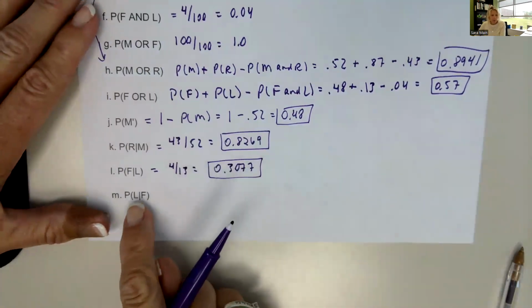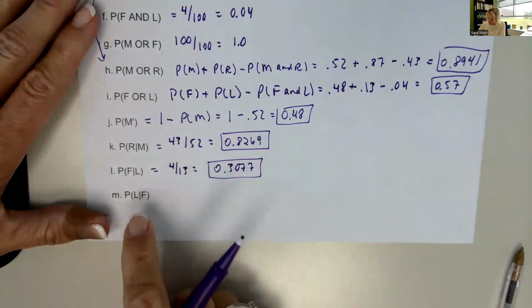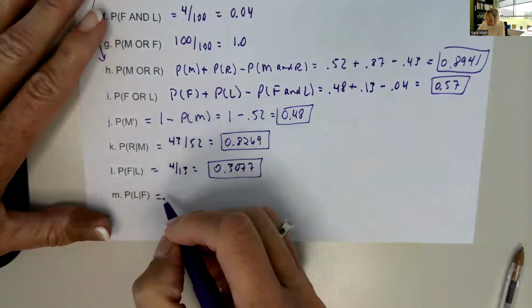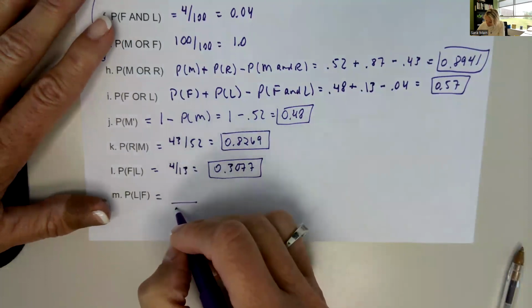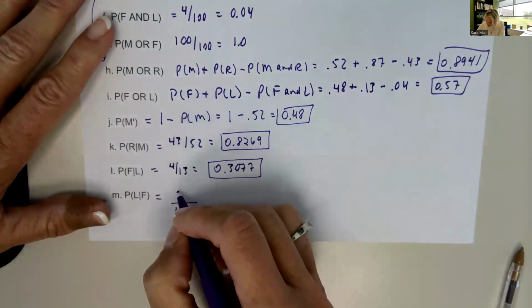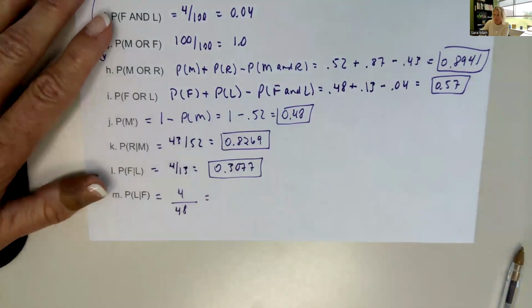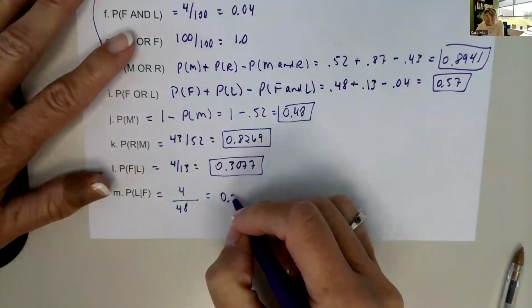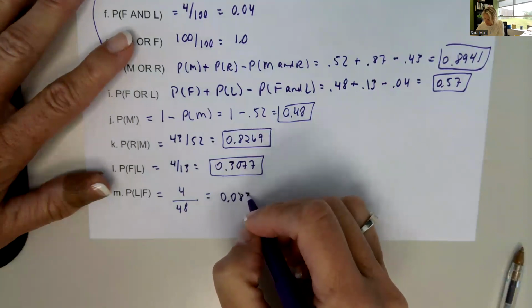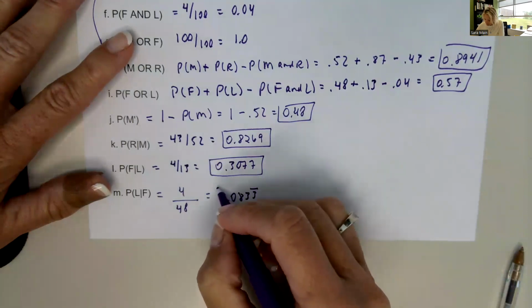And last but not least, the probability of being left-handed given you're female. So we're going to do the opposite. Out of the 48 females, 4 of them were left-handed. And that comes out to be 0.0833 repeating.